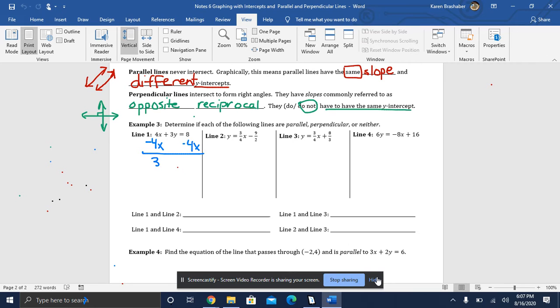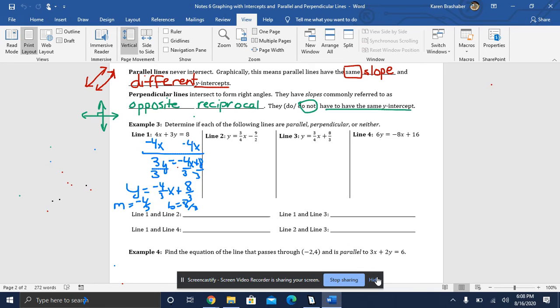That leaves us with 3y equals negative 4x plus 8. We can divide by 3. Remember, you divide each term. That leaves us with y equals negative 4/3 x plus 8/3. The information you need out of this is m, which is negative 4/3, and b, which is positive 8/3.